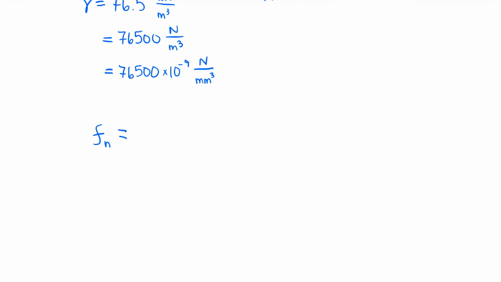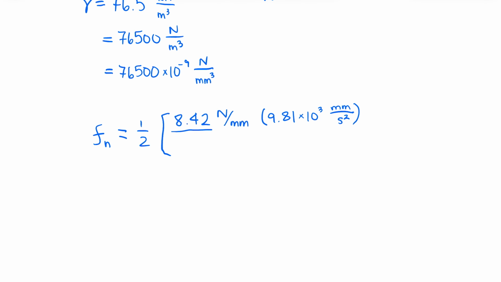So natural frequency is 1/2 times the spring rate of 8.42 newtons per millimeter times 9.81, and I'm going to multiply this by 1,000 so that I have, again, units of millimeters for this calculation. If you wanted to, you could also convert everything to newtons and meters, and that works just as well.